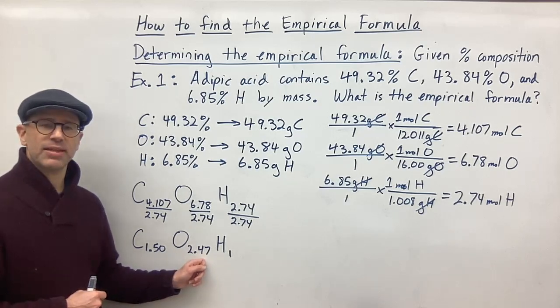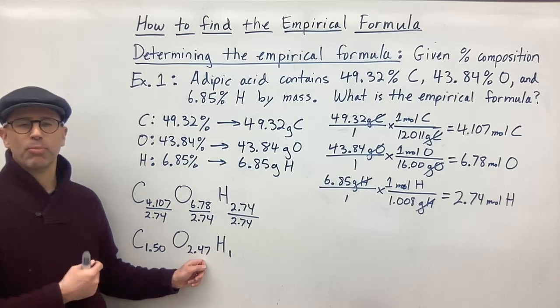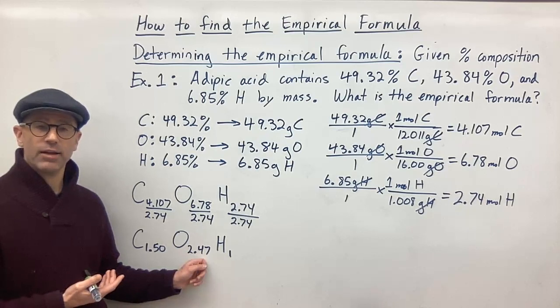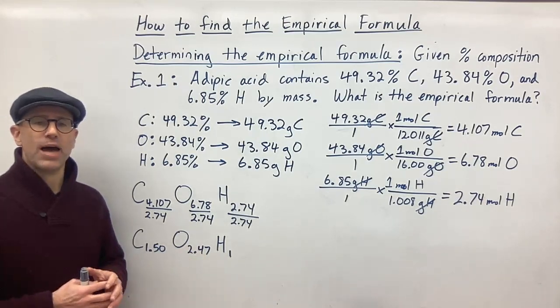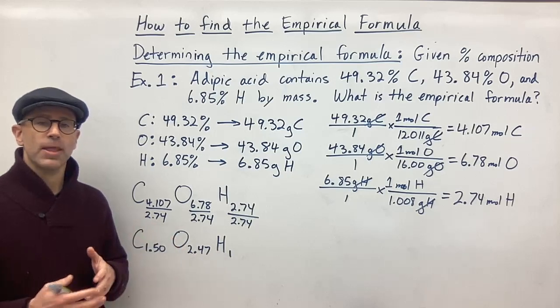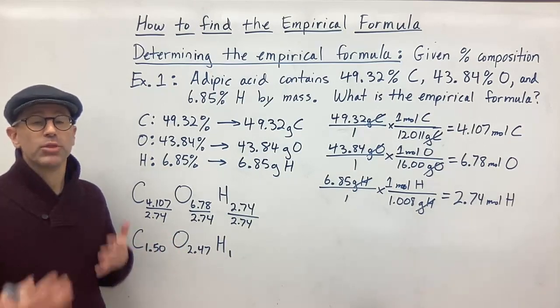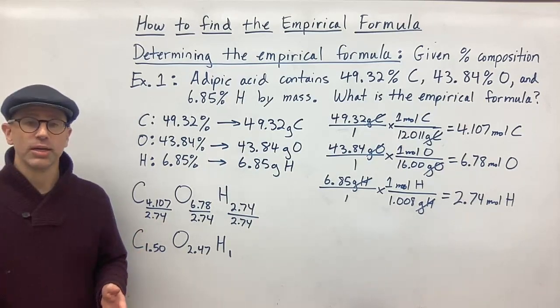So if you get something that's like 0.47, 0.48, 0.49, something really close to 0.5, then round it to that nearest fraction. So for example, if you got like 0.32, well, 0.32 is really close to 0.33. 0.33 is 1/3, so you can multiply by 3, right?